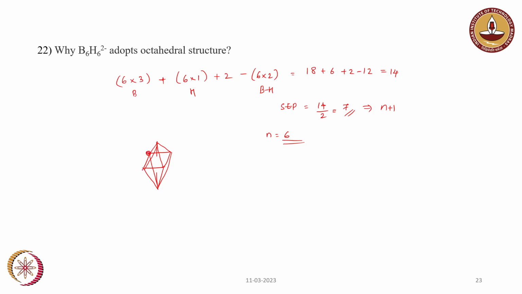All the 6 vertices will be occupied by BH. All the hydrogens will be in terminal position. So this will be the structure for closo B6H6 2 minus. So it is an octahedral structure.